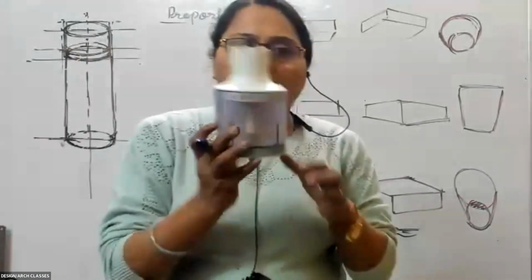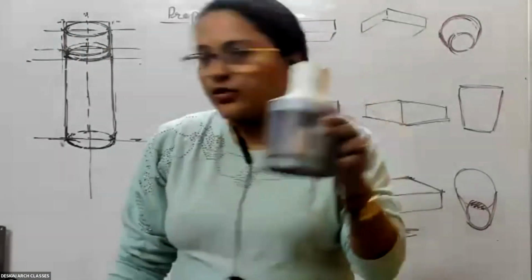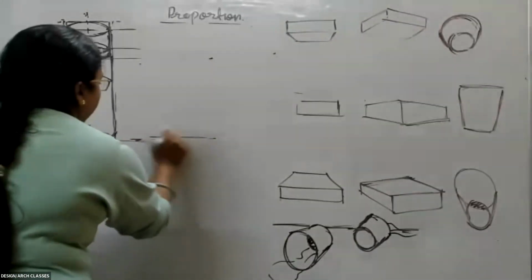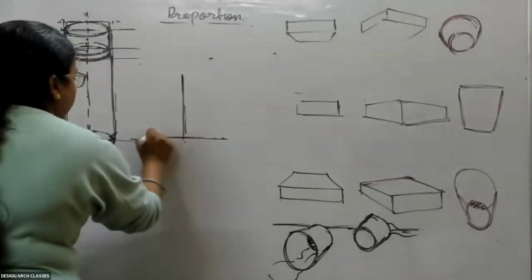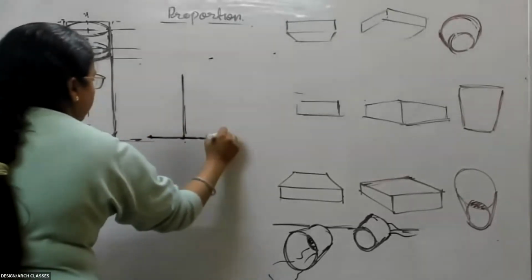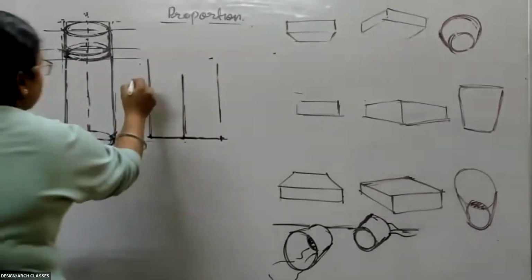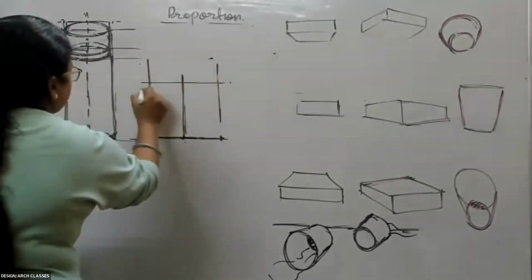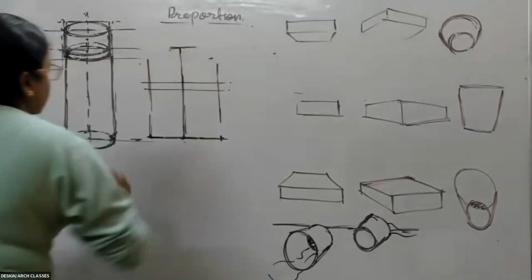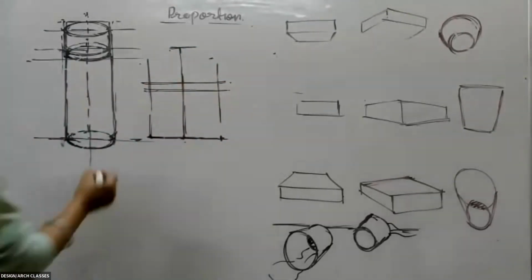See the next object here, this is a cylindrical jar which I just got, and I'm going to draw this also for you. Just create the grid first, जो मुझे नजर आ रहा है शायद.